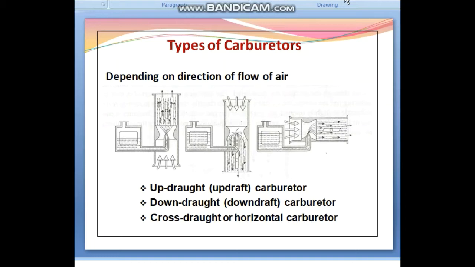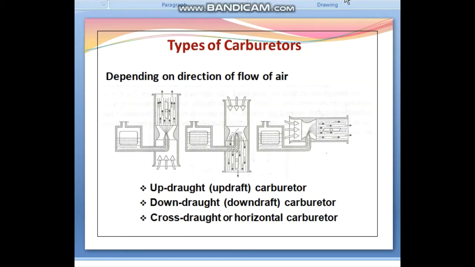Here, the fuel does not have to be lifted by air friction, as in the updraft carburetor, but moves into the cylinder by gravity even if the air velocity is low. Hence, the mixing tube and throat can be made large, which makes high engine speed and high specific output possible.